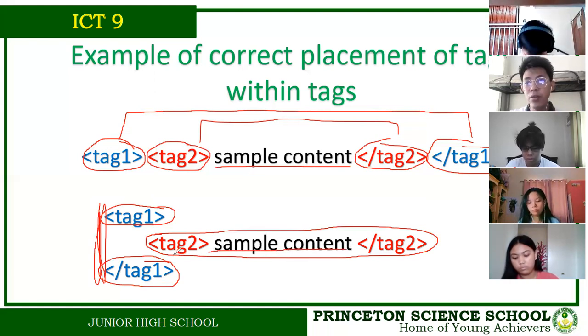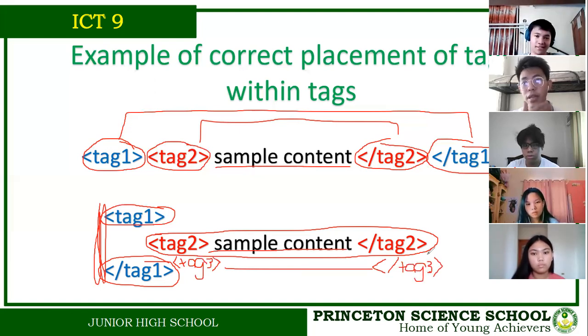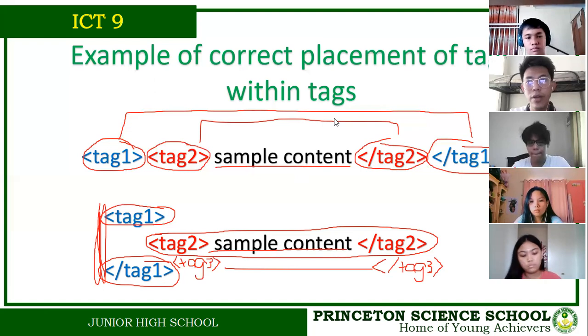So if you would like to add another tag inside, you just put it below tag 2, for example, tag 3. There, and it should be placed there. So that is how we are constructing our tags if we are going to use multiple tags inside another tag. Okay, understood? Any questions in this part?